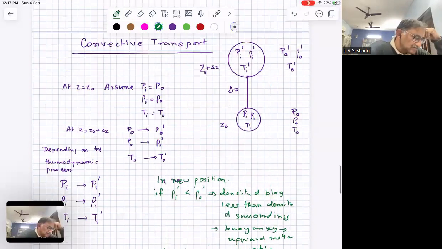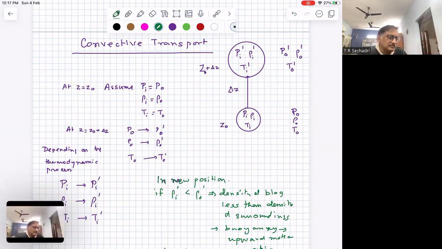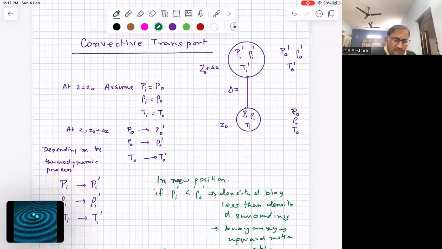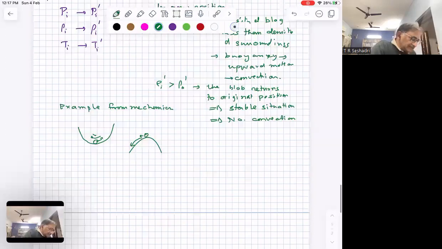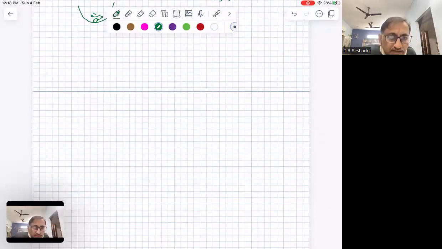The question is about stability under perturbation. If I perturb it, does it have a runaway situation? In a stable equilibrium, it comes back. If it is an unstable equilibrium, it is convection. Okay, got it. Fine. So now let us go ahead.